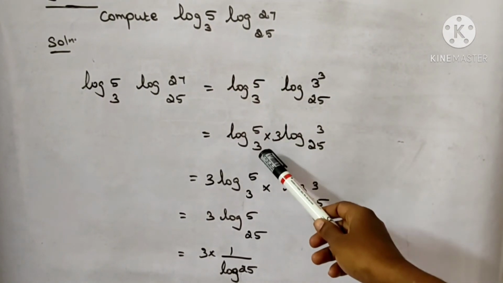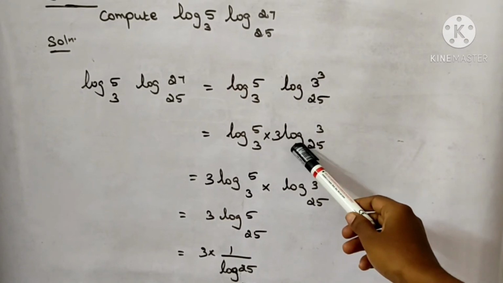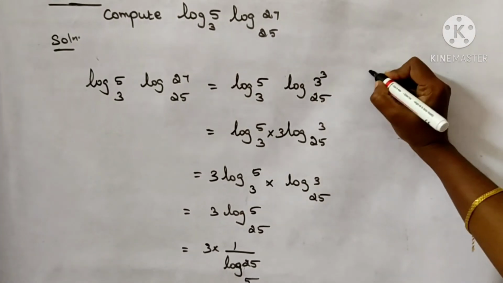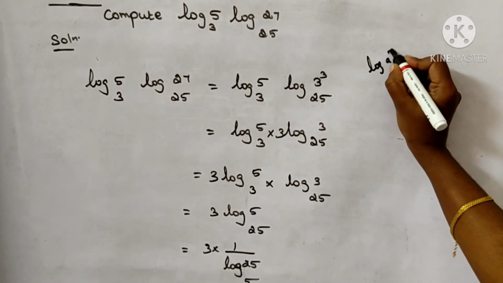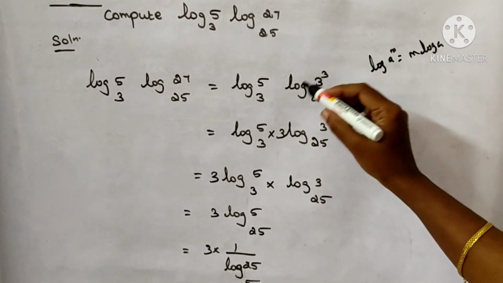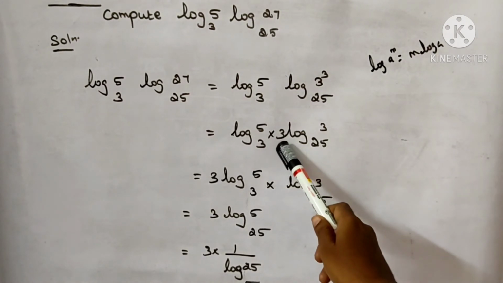So log 5 to the base 3 into log a power m is m log a. So 3 log 3 to the base 25. We use the property log a power m is equal to m log a, take the power as the coefficient. So 3 log 3 to the base 25. Now this 3 we take first.